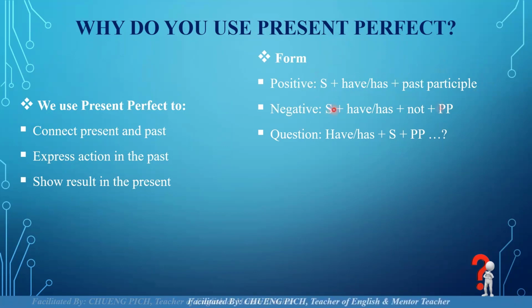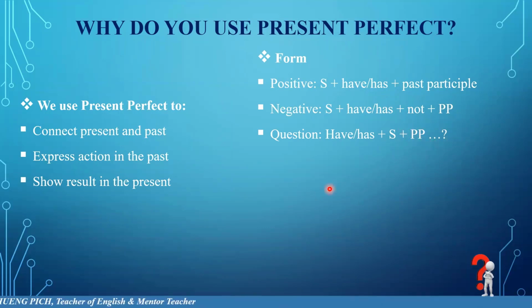Till here we use subject plus have or has, the same, but what is different is this. In the negative sentence, "not" is added here, and PP stands for past participle. Question: have or has plus subject plus past participle plus question mark. Question mark is very important for the question form.